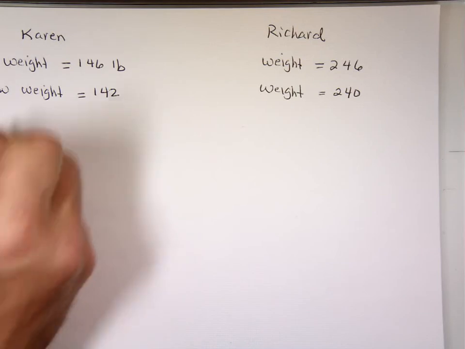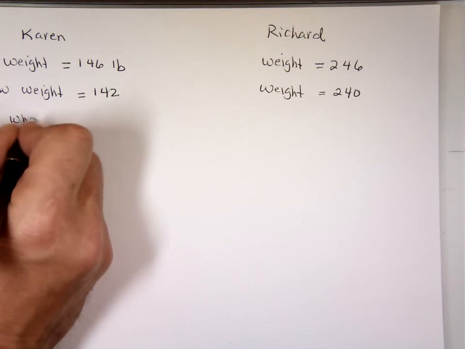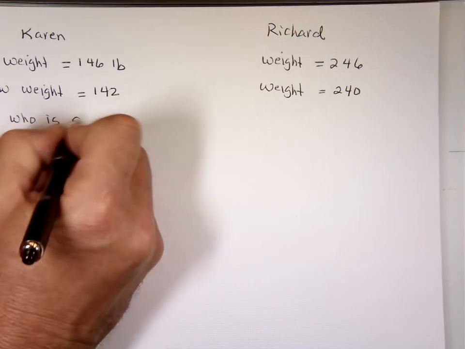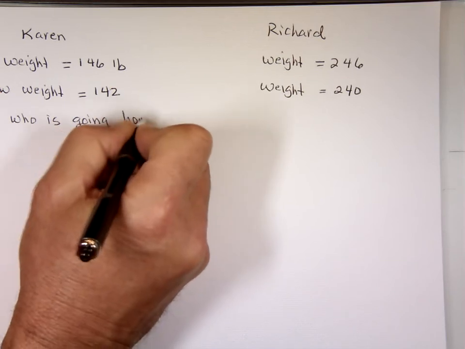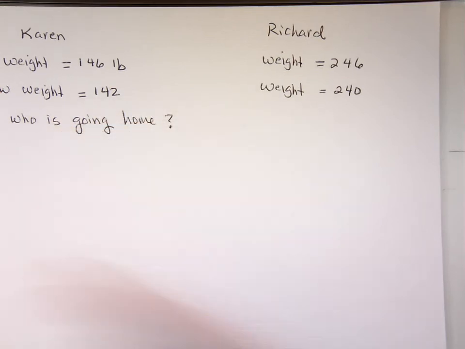So who is going home? That's what The Biggest Loser is based on. Are you sure? Why? She only lost 4 pounds, and Rick lost what? 6 pounds. Yeah, but it's not the amount, it's the percentage.